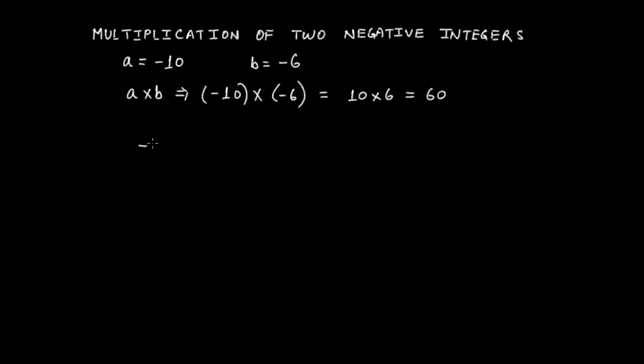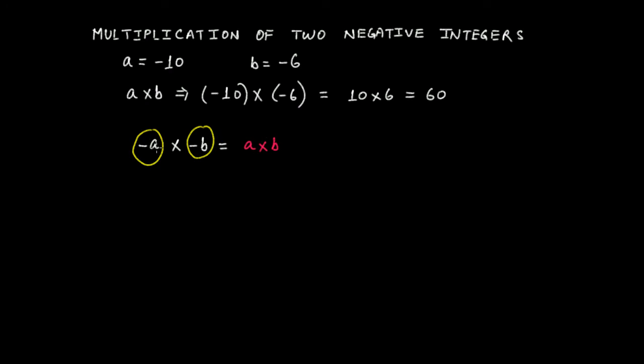So if you have minus a times minus b, then this will be equal to a times b. That is, here both the integers are negative integers. So when you multiply two negative integers, just forget about the minus sign and simply multiply these whole numbers.